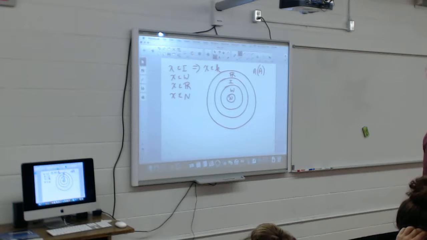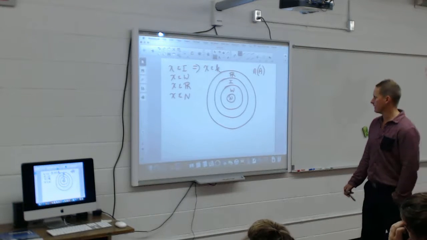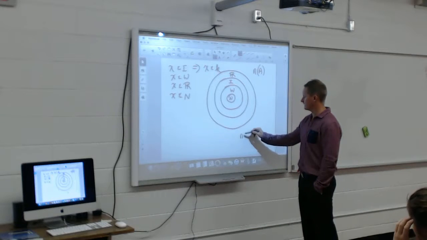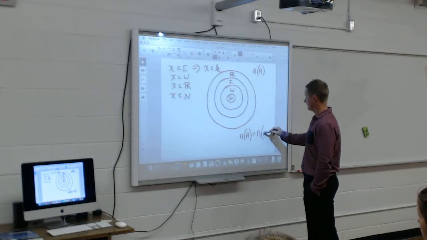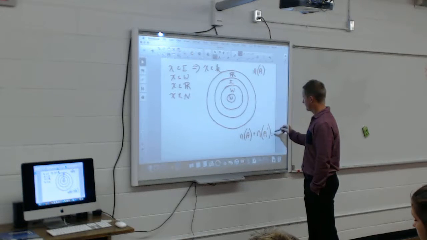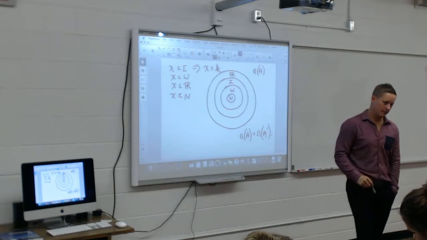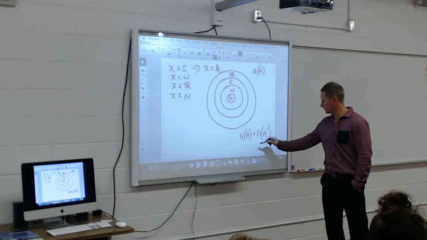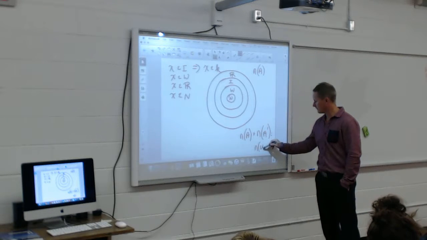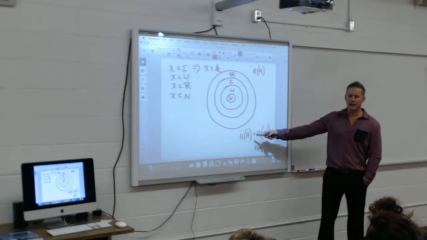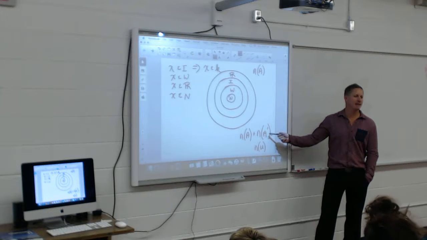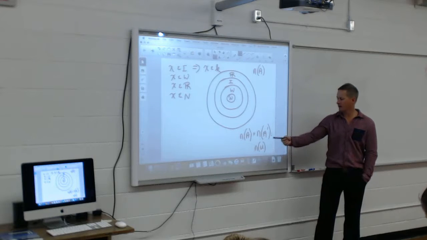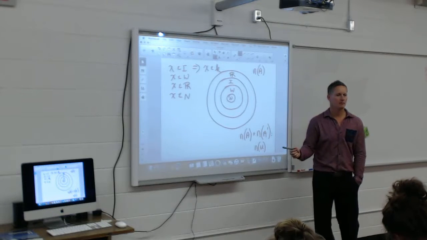And the other notation you haven't seen is this. Equals universe. All of set A, everything not in set A means everything in the universe.